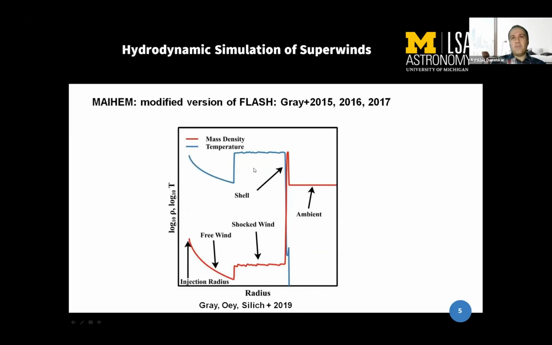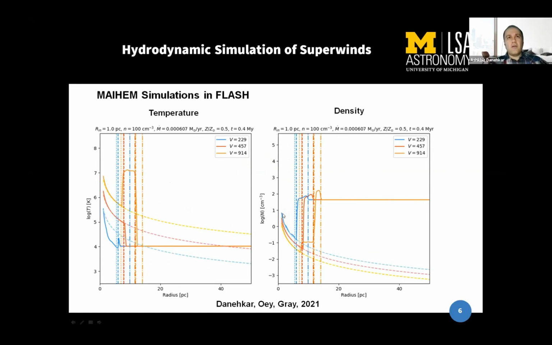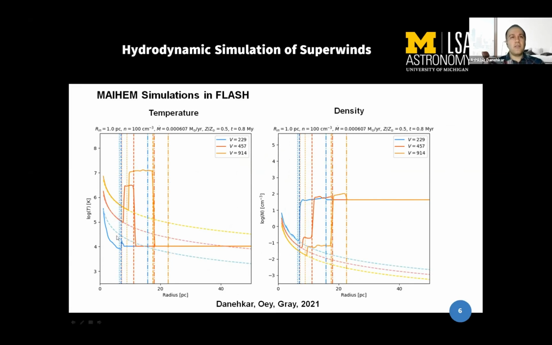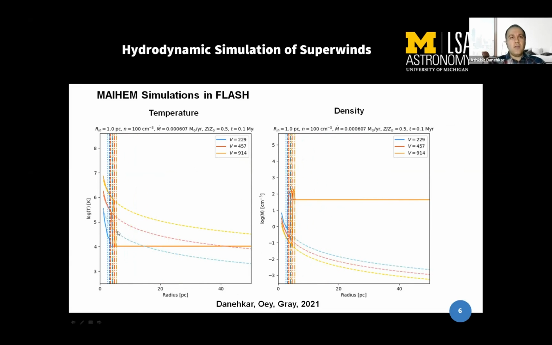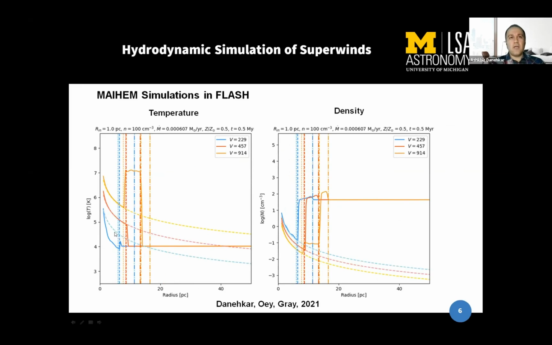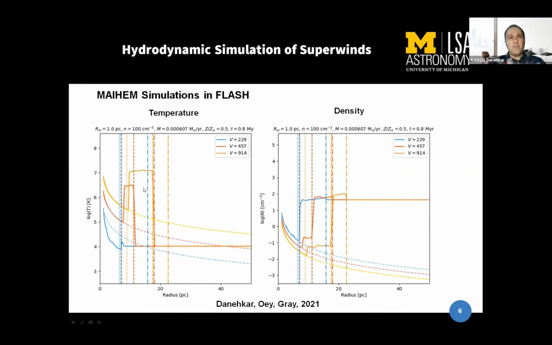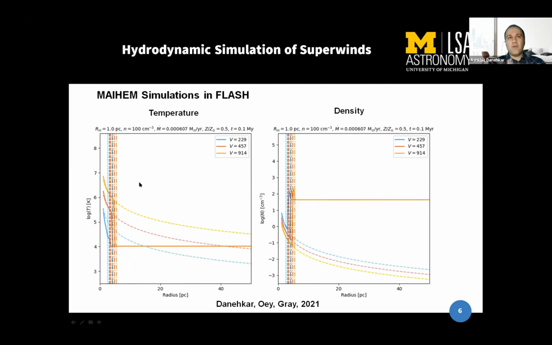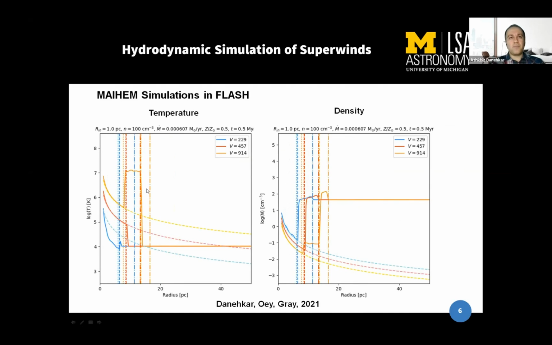Here we have a bubble with a temperature of 10 million kelvins, and here we have the shell. And here is the result of the hydrodynamic simulations. At low velocity, you see the suppression of the superwind and catastrophic cooling, but at high velocity, you see the formation of the temperature bubbles.